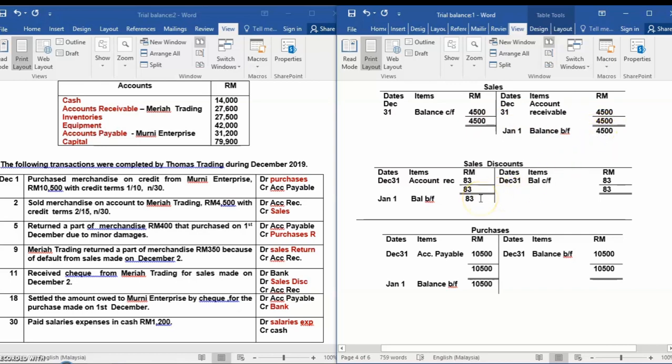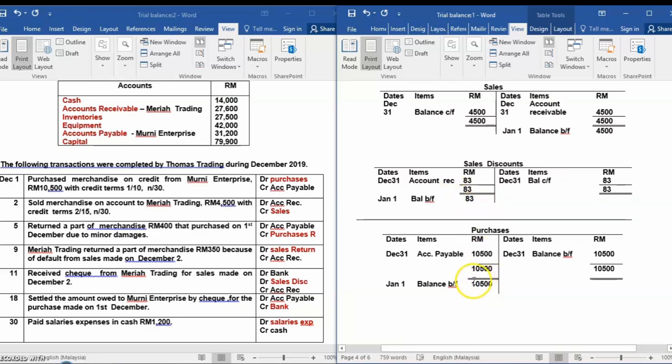For sales discount, you have to open and record based on the transaction or based on the sales received journal, and you have to close. When you close, you got the balance brought forward in the debit side. So this amount we must record in the trial balance debit side.